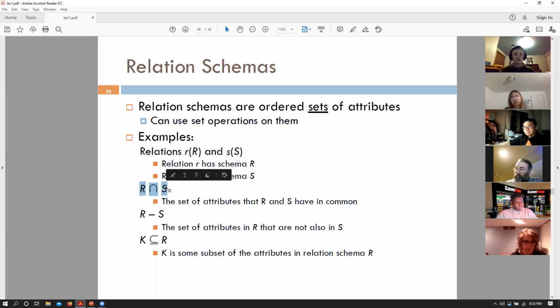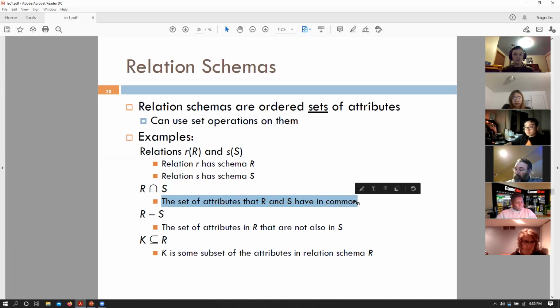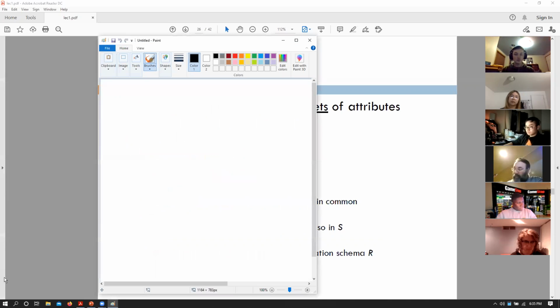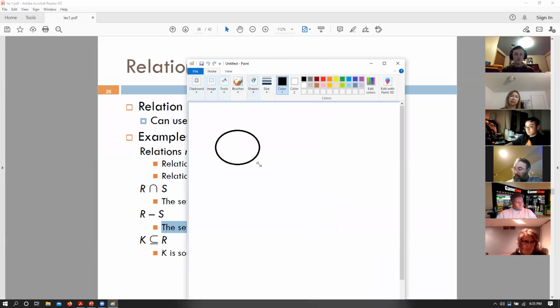So if these are sets of attributes, we can also perform set operations on these attributes. So R intersection S, I guess everyone knows what an intersection is. R intersection S is basically the set of attributes that R and S have in common. So all the attributes that exist in both the schema R and the schema S will be in this R intersection S schema. R difference, or R minus S, is the set of attributes that R has but that are not also in S. If you look at the Venn diagram, I can draw it.